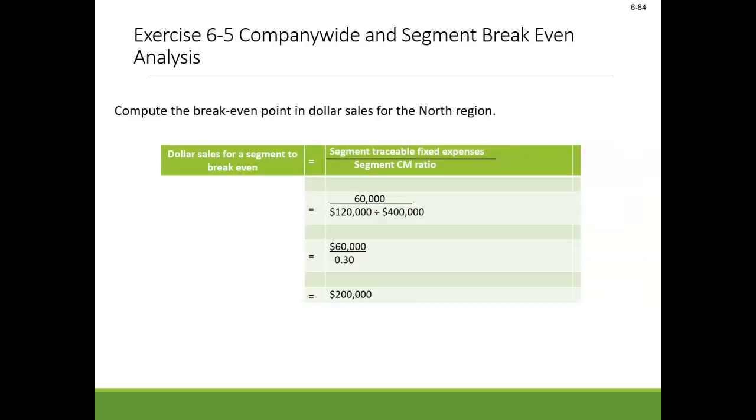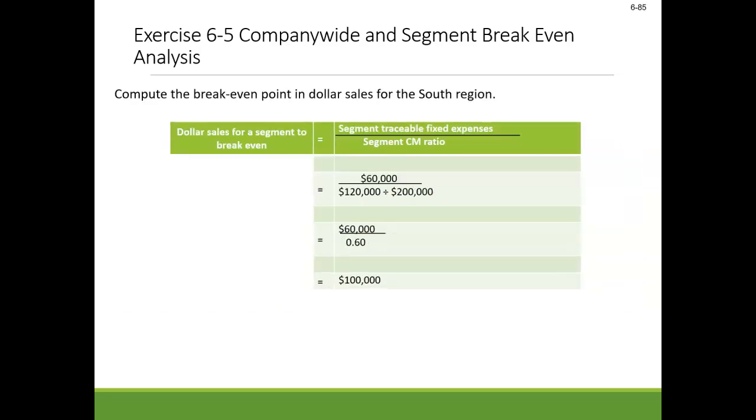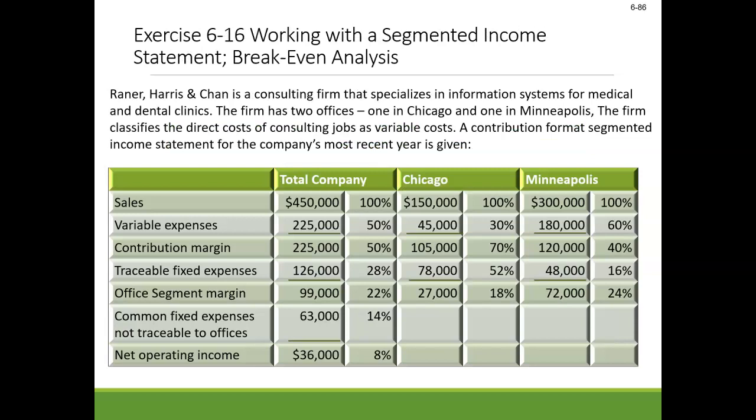For the South region, we would need to have sales of 100,000 just to break even. So basically, what we're doing is seeing as a whole what the break even is, and then per division.